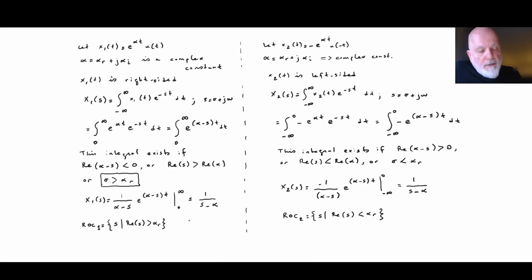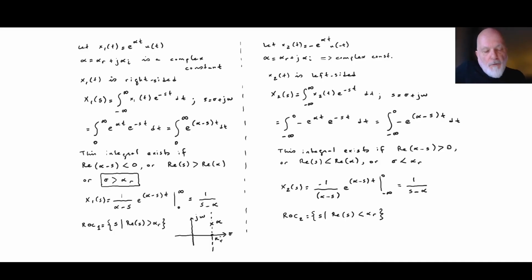So on the complex plane, if we plot the S-plane, and suppose that this is our alpha, so the real part of alpha is alpha r, and this point here is alpha r.